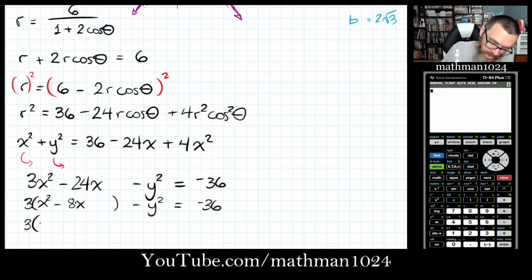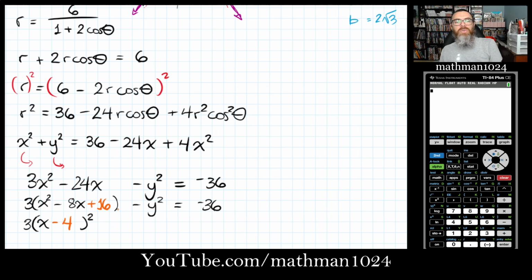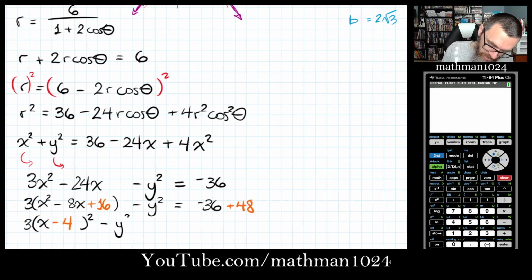So to complete the square here, we will do half of 8, which is negative 4, and when we square that, we get 16. So even though it looks like I just added 16 on the left, I actually added 16 times 3, so that's 48. So I add 48 on the right. So then minus y squared is equal to positive 12. Divide everything by 12 and reduce.